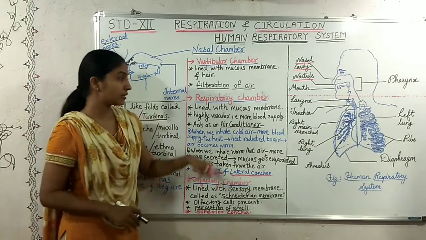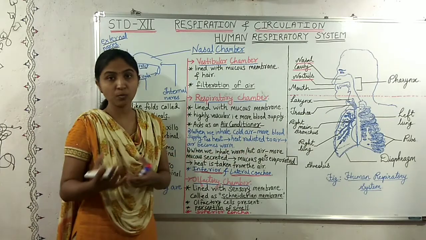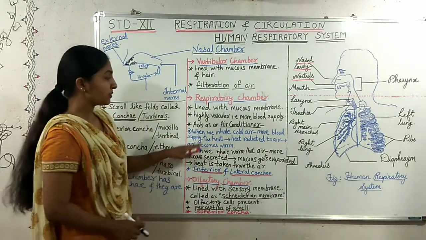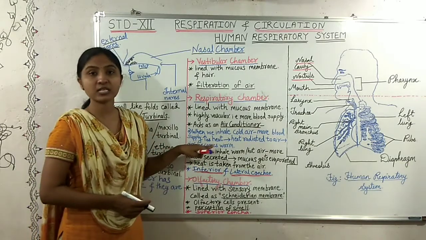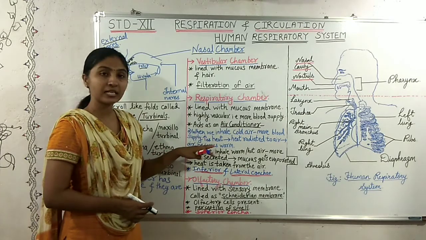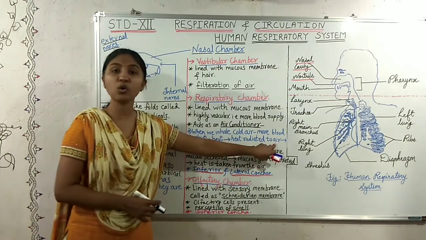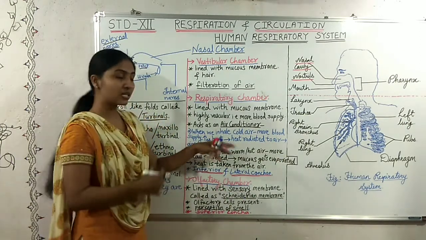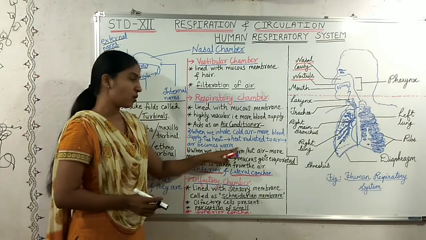For that, more blood is supplied here in this respiratory chamber, so more heat will be supplied along with more blood. As more blood is supplied, the heat increases in this chamber. This heat is radiated, or transferred, to the cold air, and as the heat is transferred to the cold air, that air becomes warm.